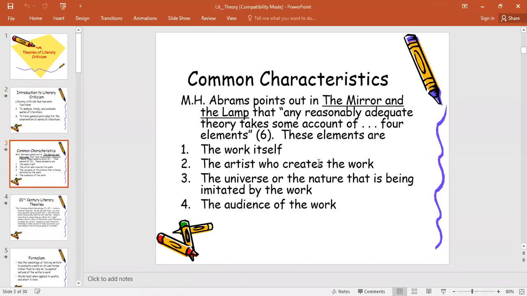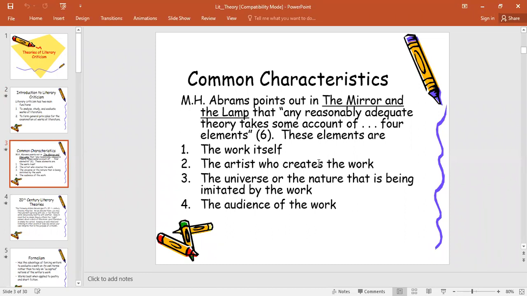Common characteristics of literary criticism. M.S. Abrams points out in The Mirror and the Lamp that any reasonably adequate theory takes some account of four elements.